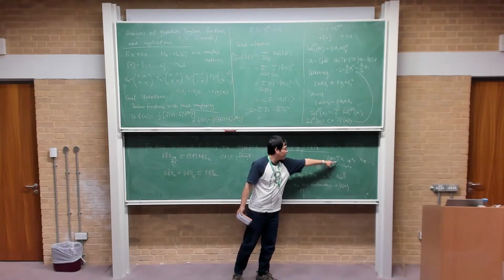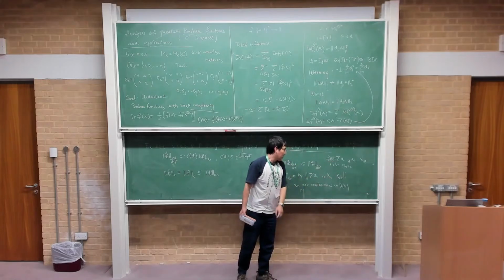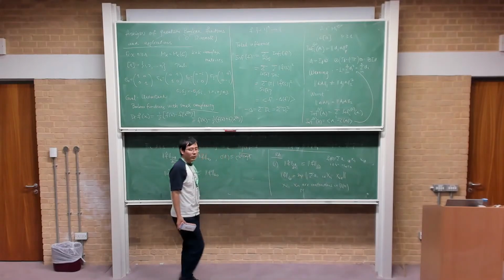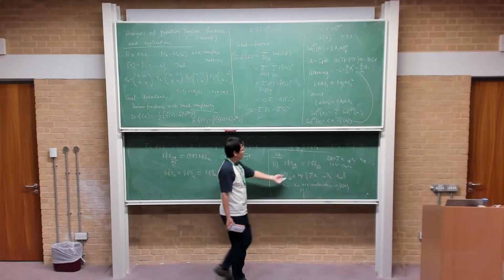Then you replace the variable here with these matrix variables. Then you take all this supernorm. With respect to this CB norm, they find this constant to be 1.